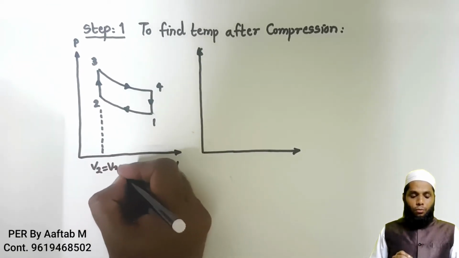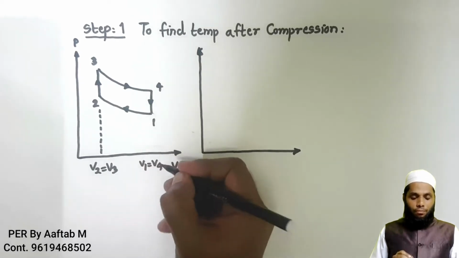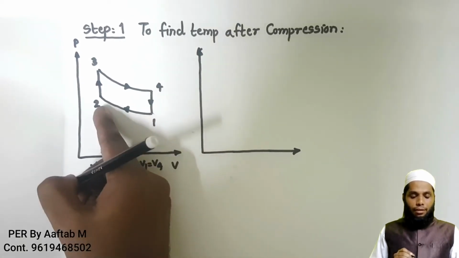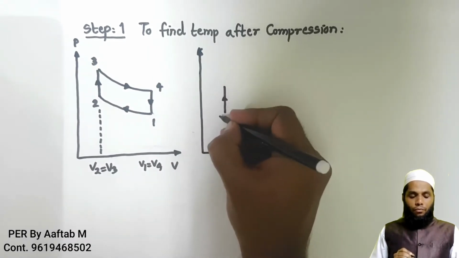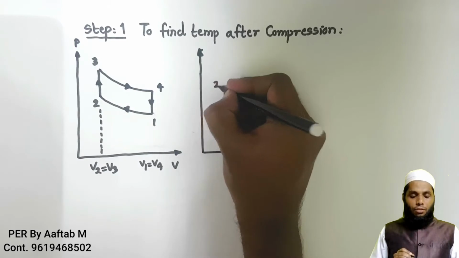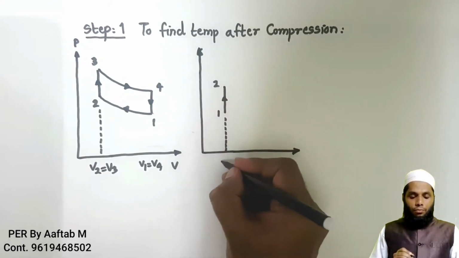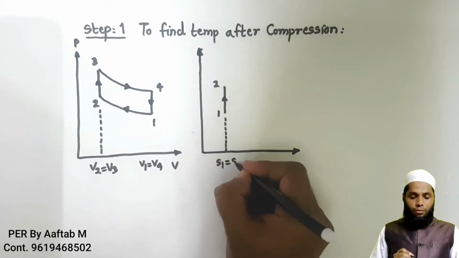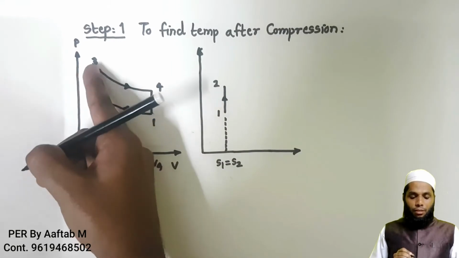Since for 2 to 3 volume is constant, we'll write V2 is equal to V3, and in similar fashion for 4 to 1, V1 is equal to V4, and V1 is initial value of volume. So here 1 to 2, that is adiabatic compression. For that, entropy S1 is equal to S2.